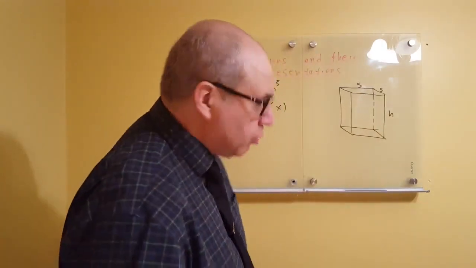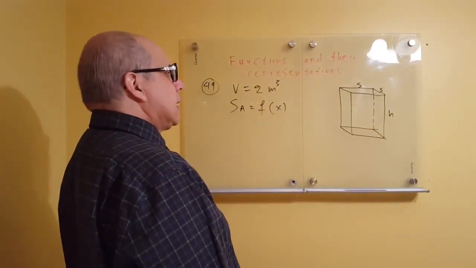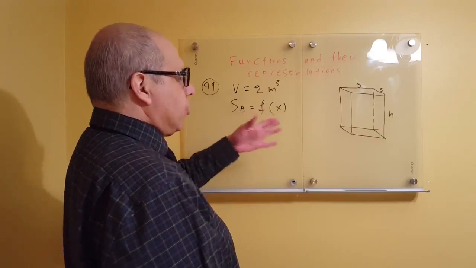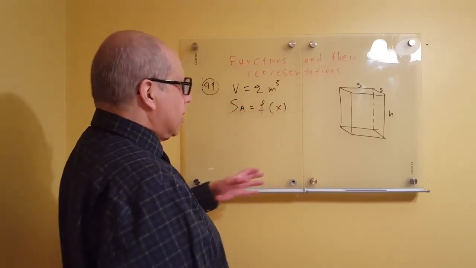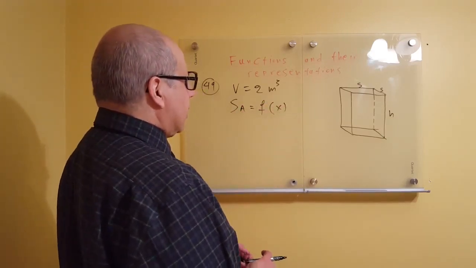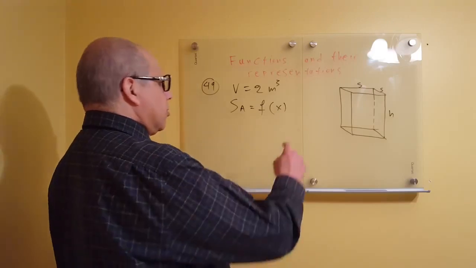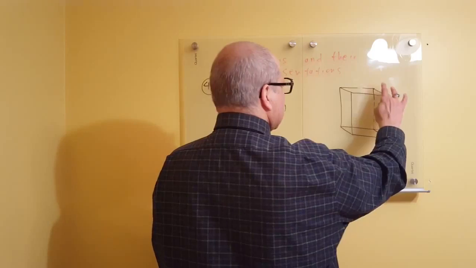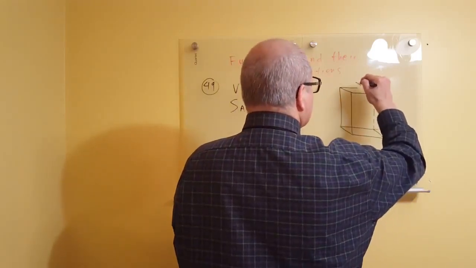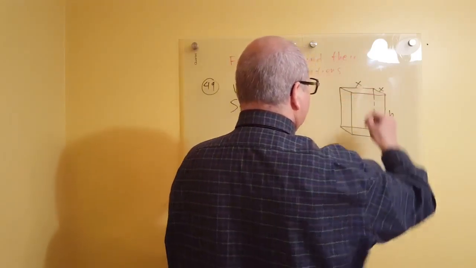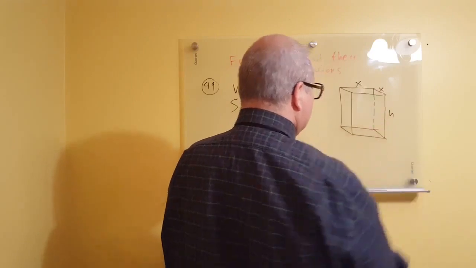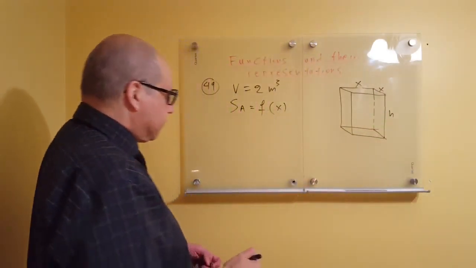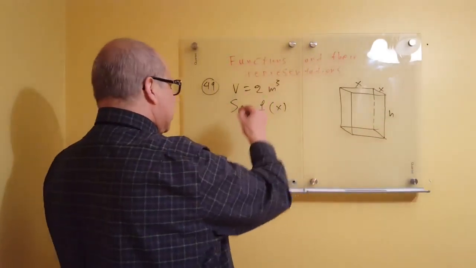So what do we want to find? We want to find the surface area. We have to express the surface area as a function of the side, and let's say that this is x. All the sides of the base, the top and the bottom, of course, are x.